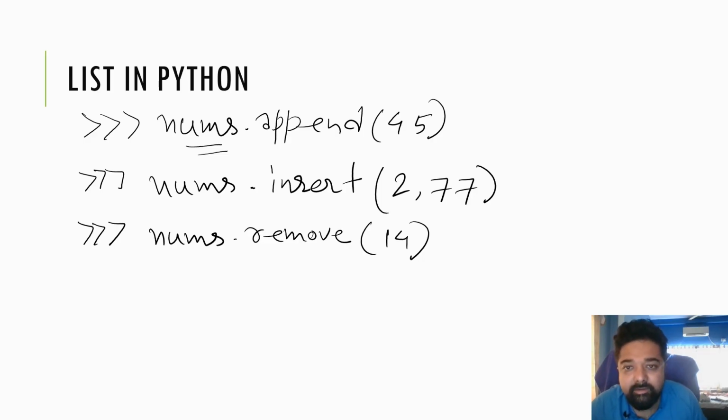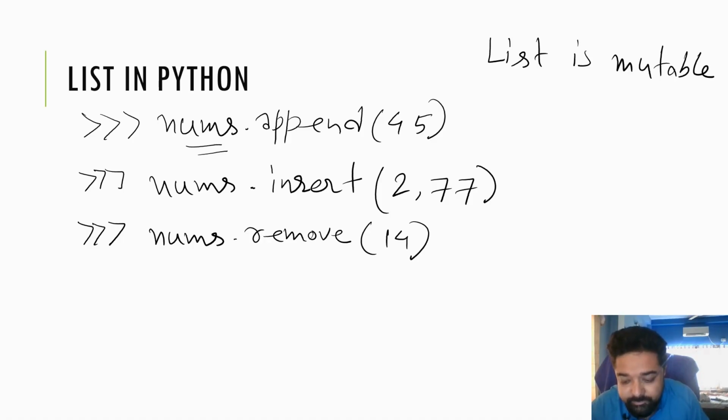Okay, and remember, list is mutable, meaning you can change the value of a list.